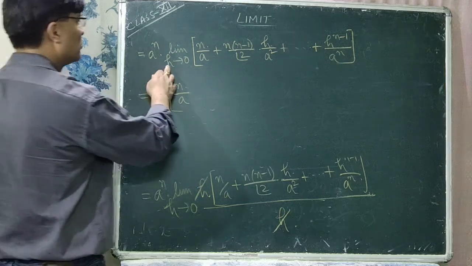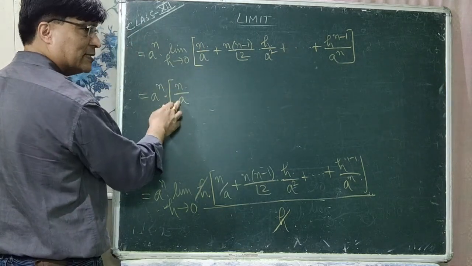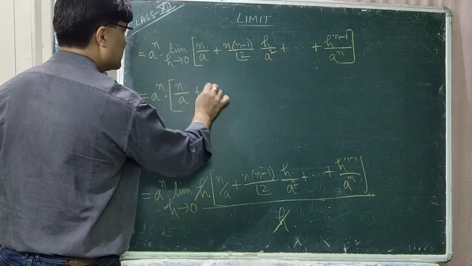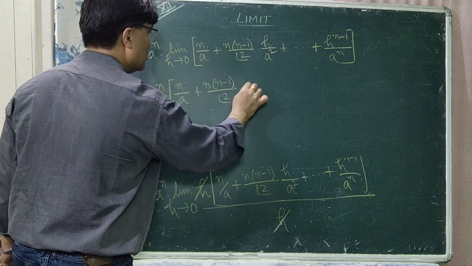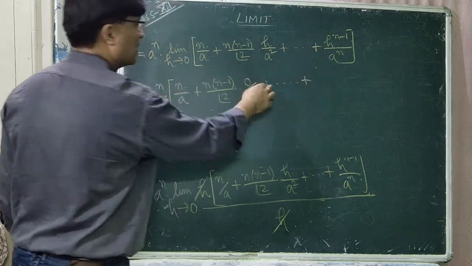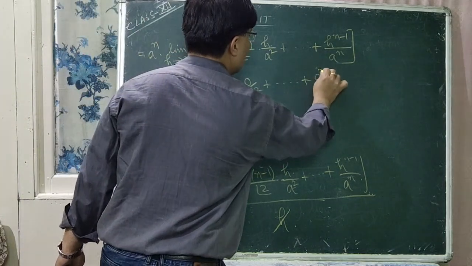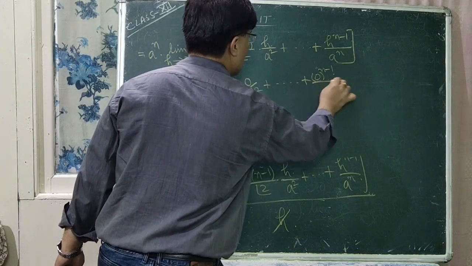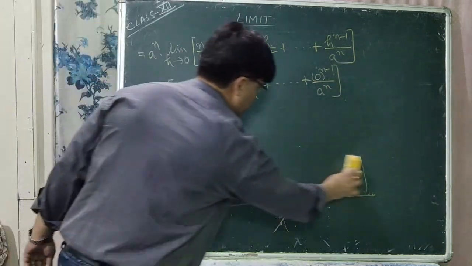So you don't have to put the value of h out here because it is free from h. So it remains as it is, that is n by a plus n into n minus 1 divided by factorial 2 into 0 by a square. All the terms contain h out here, that is also 0, plus it is 0 to the power n minus 1 whole divided by a to the power n, right?